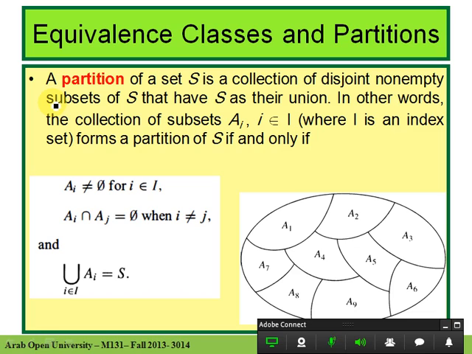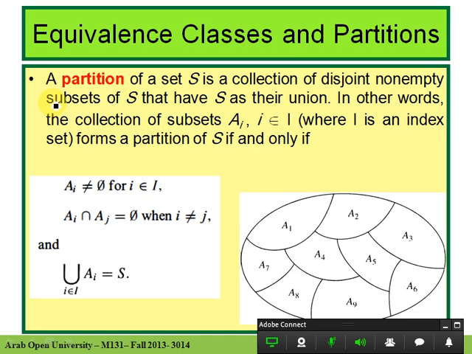The next is partitions. A partition of a set S is a collection of disjoint non-empty subsets of S. For any set S, partitions are nothing but dividing that set. If you union those partitions again, you will get the set.